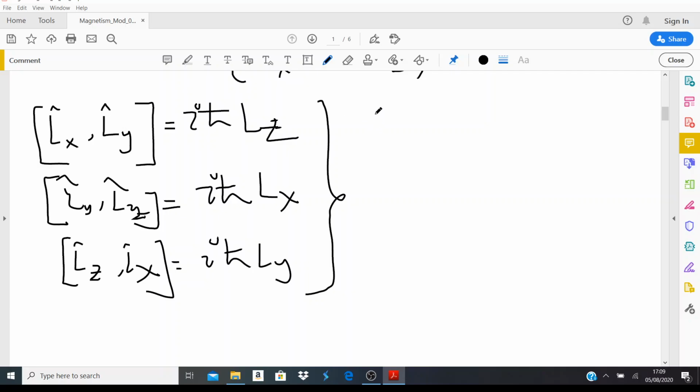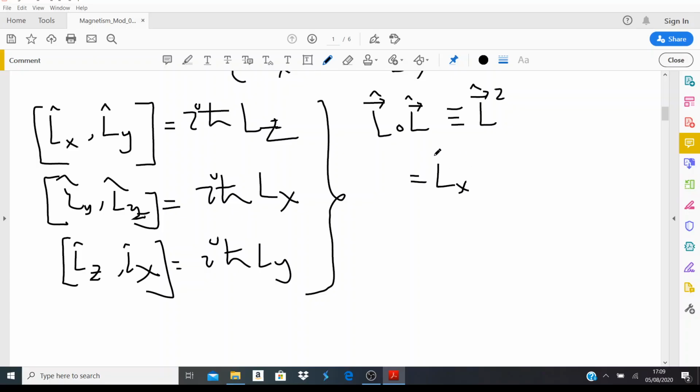So in that search, the rule is that when you define an operator by forming a dot product of L with itself, which is nothing but the L square operator, right?